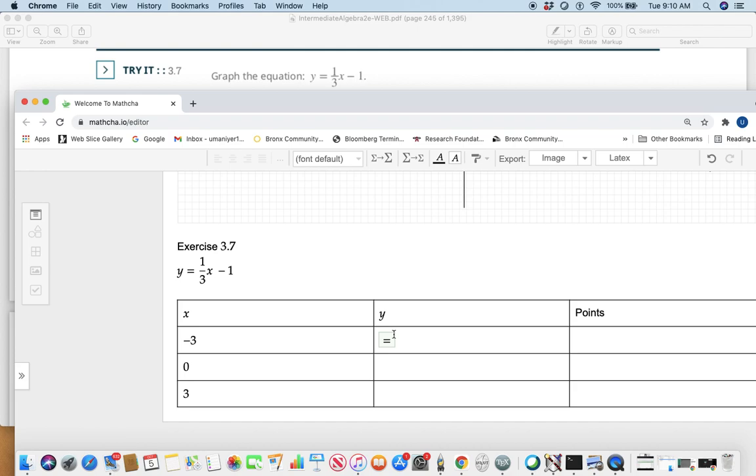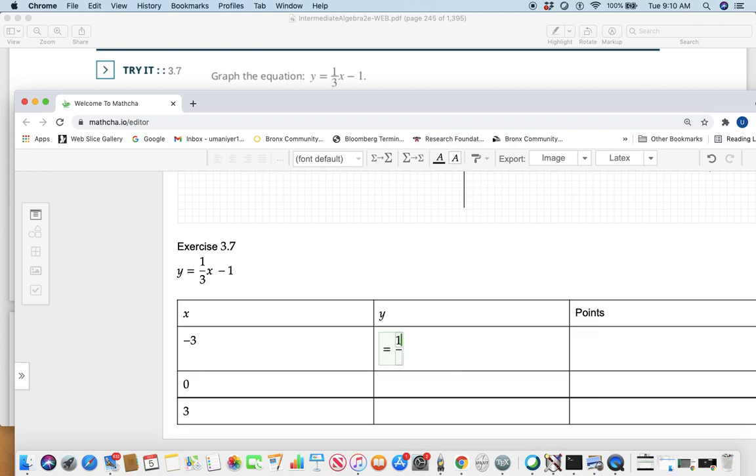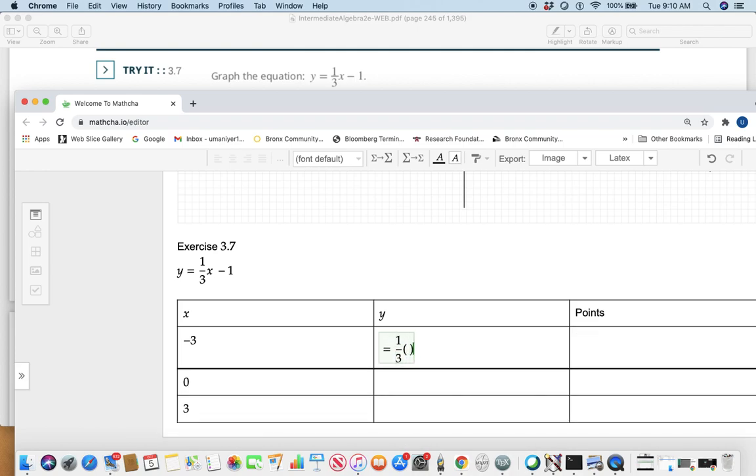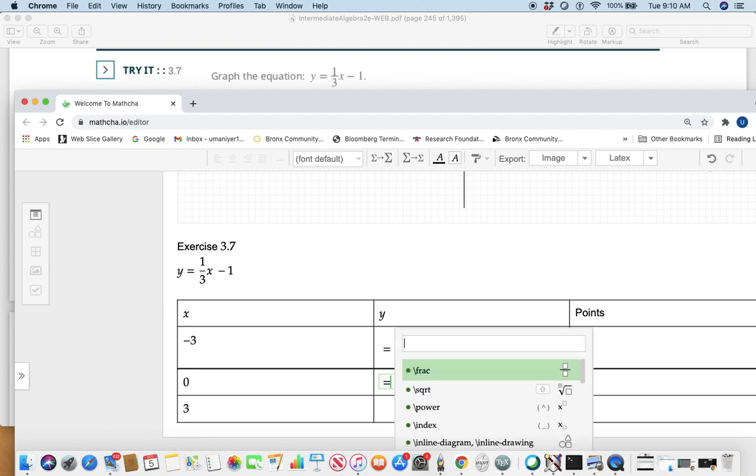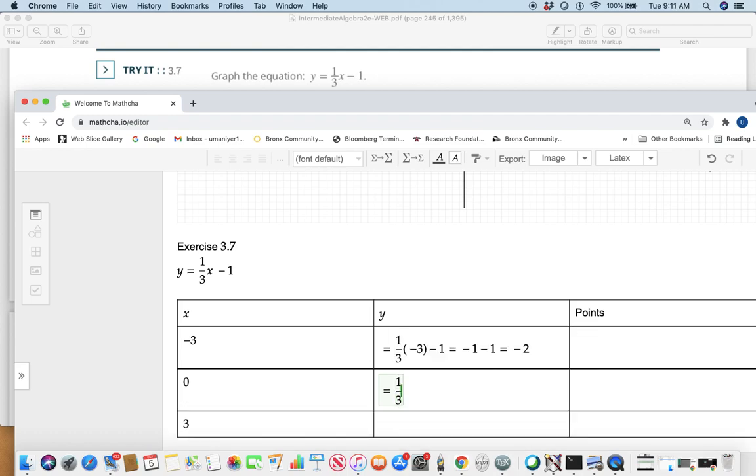Y coordinate is 1/3 whatever is x coordinate minus 1. So x is replaced by parenthesis, then fill in with -3. So 3 reduces the 3 and you're left with -1. -1 minus 1 is -2. Likewise, the next one, 1/3 x minus 1.